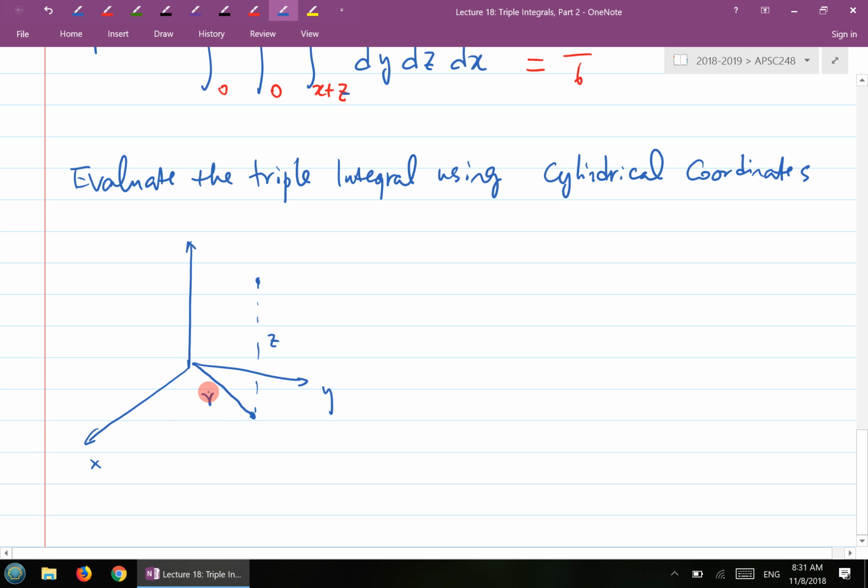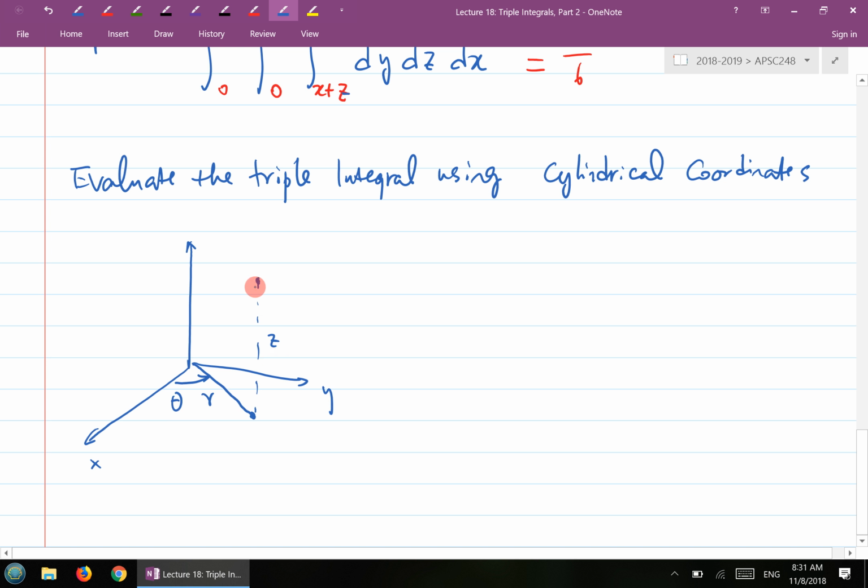There's also a theta associated with that radial line over there. So now together you have r, theta, z. These three are another set of variables that can uniquely describe the location of this point.